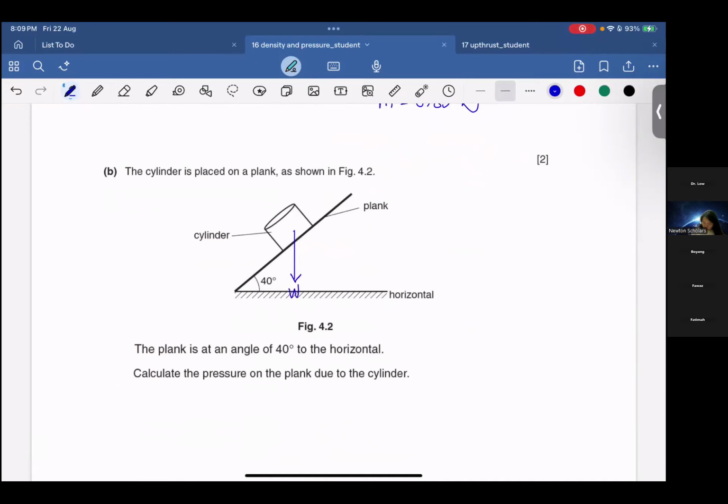This is the weight. You want to count the pressure. You have to know the force acting on the surface, which means you have to know this: W cos 40 degree. This is 40. You have to use the force by calculating W cos 40.